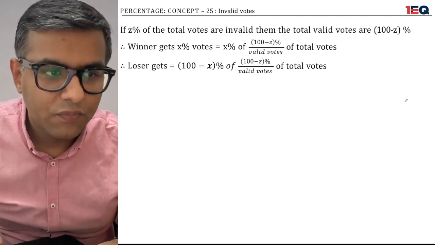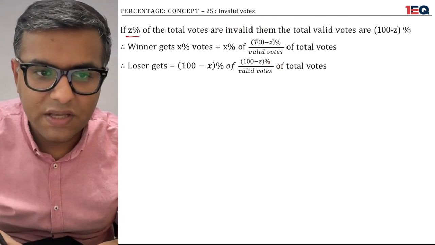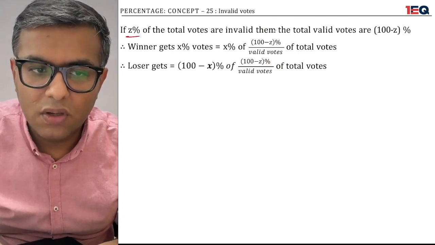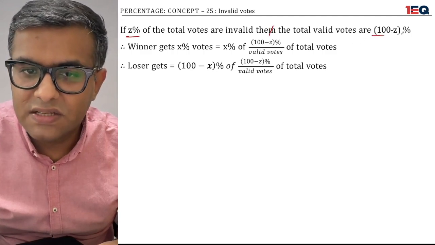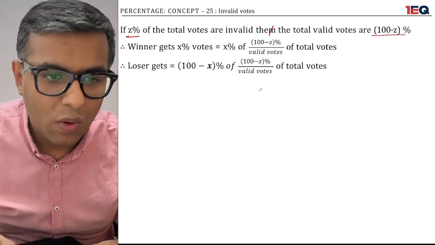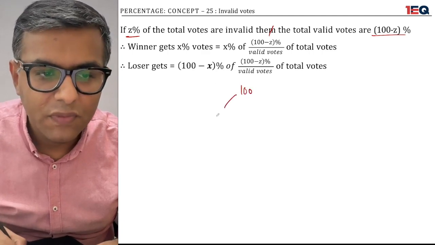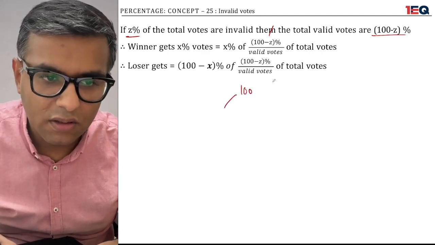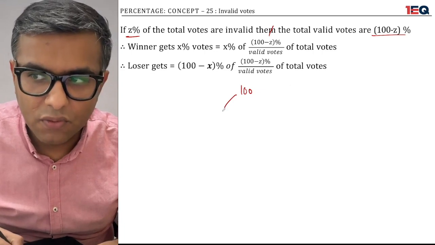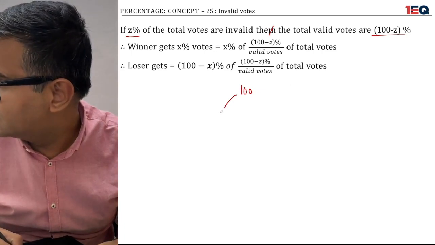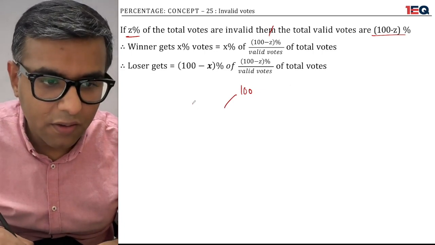Moving on. If Z% of the total votes are invalid, then the total valid votes are 100 minus Z%. What happens in an election is that if, let's assume, 100 votes are polled, the election commission or the conducting body declares a few votes to be invalid.